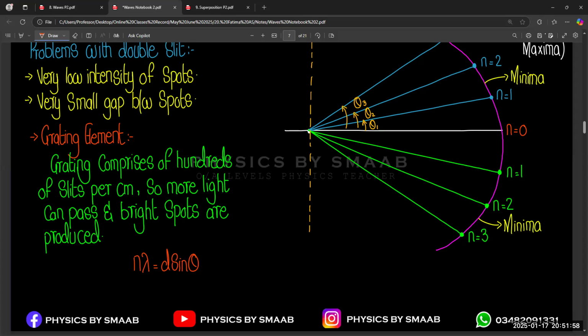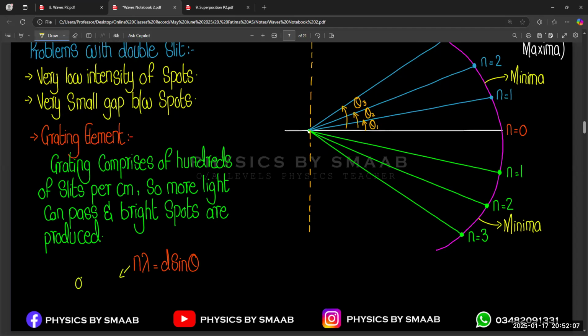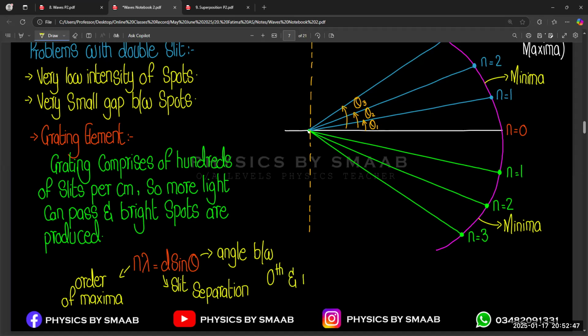So n represents the order of maxima, lambda represents the wavelength, d represents the slit separation, and theta is the angle between the zeroth and nth order.